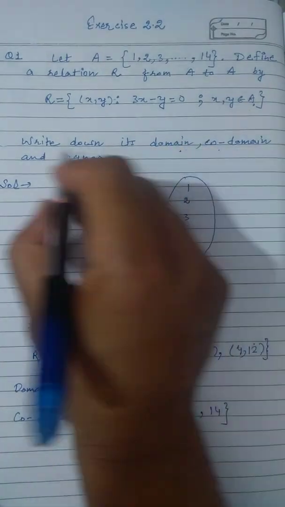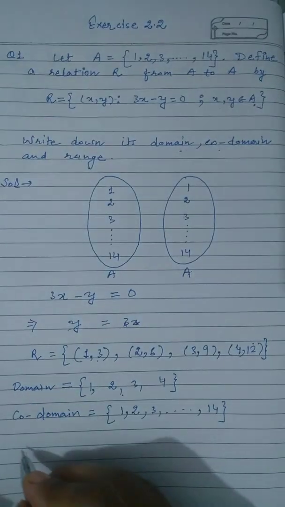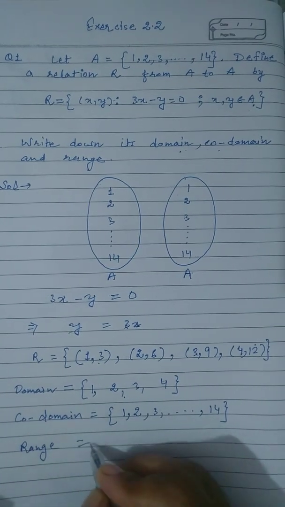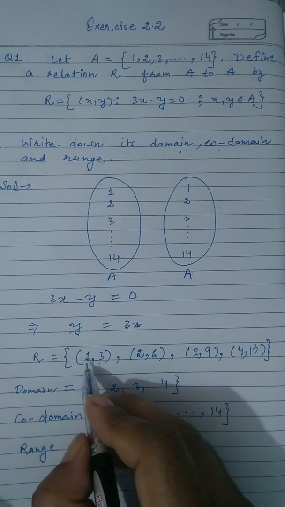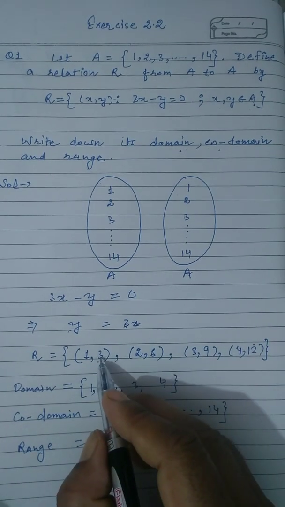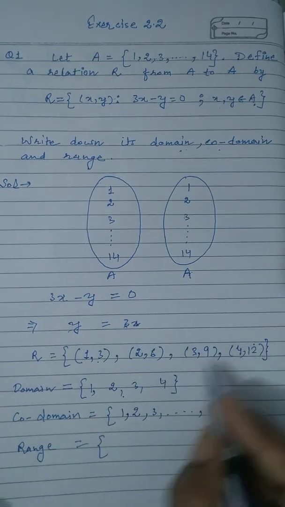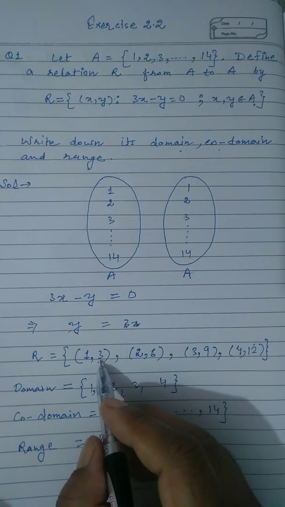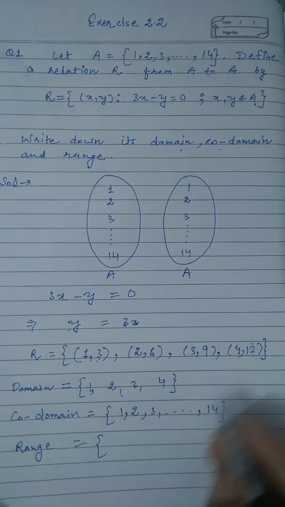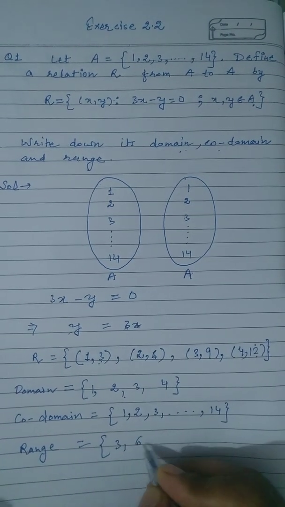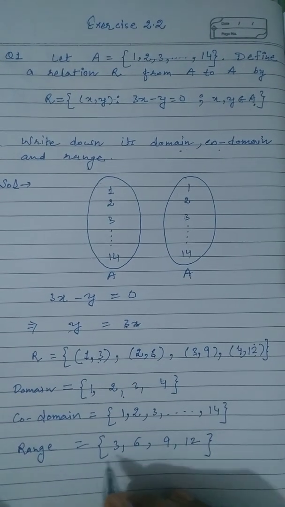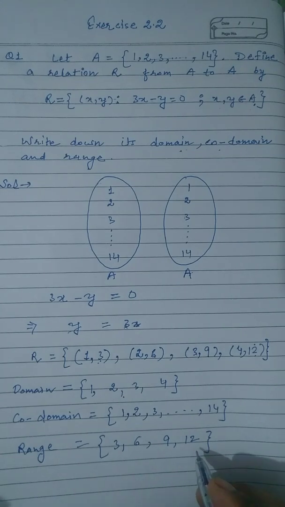Last one is, write down its range. So how to find range? Range means, in the relation's ordered pairs, the collection of the ordinates, that is the second elements 3, 6, 9, 12. This collection is called range.